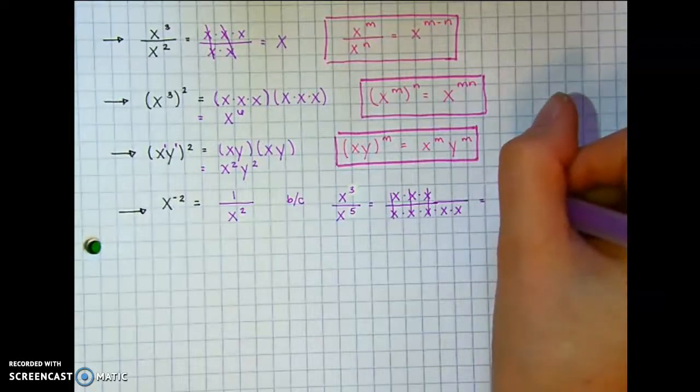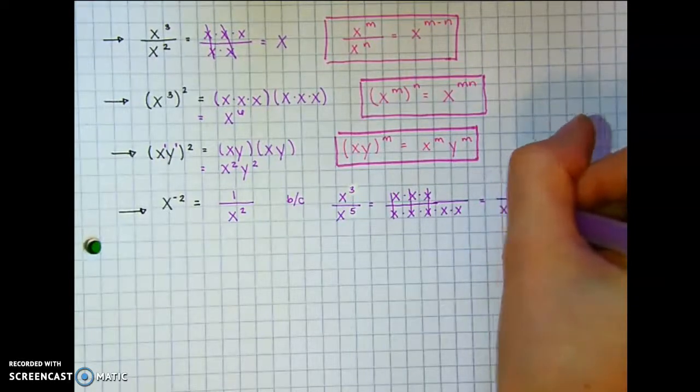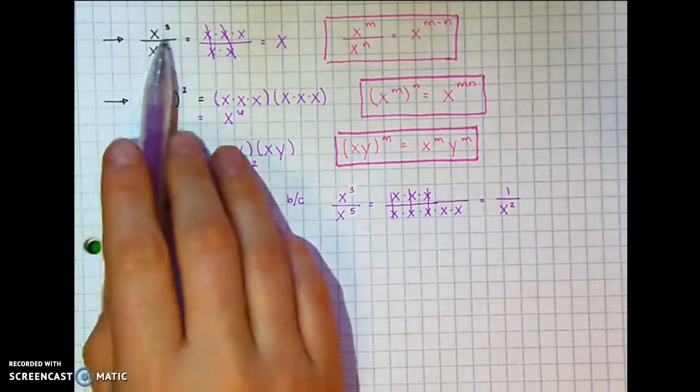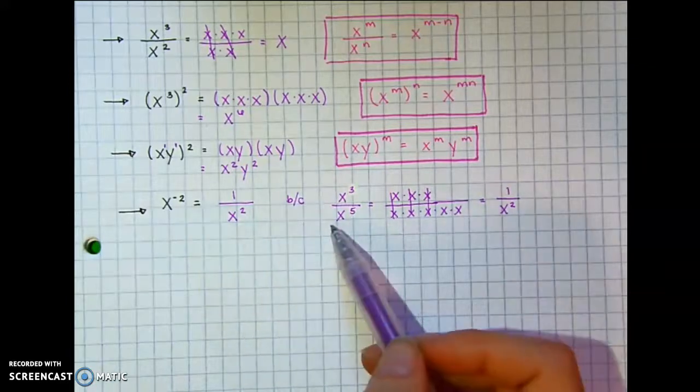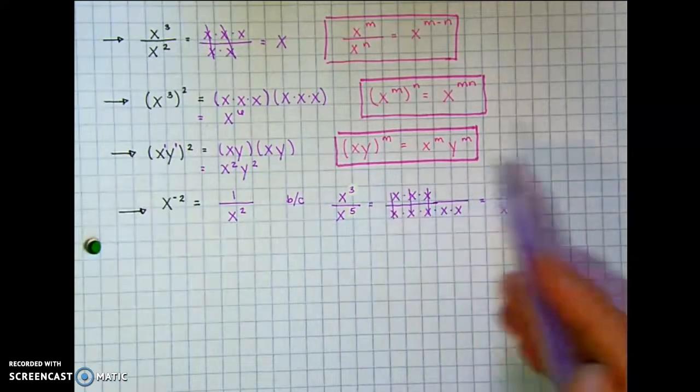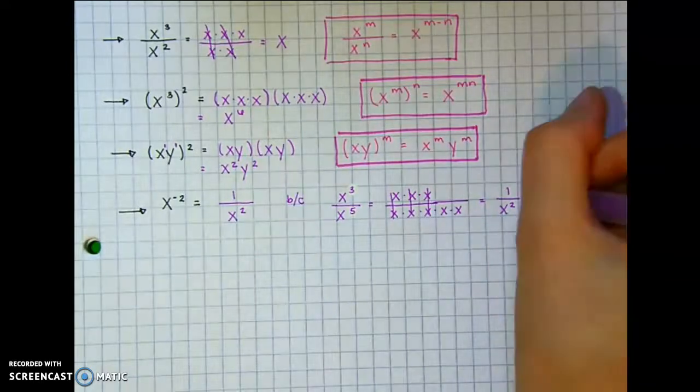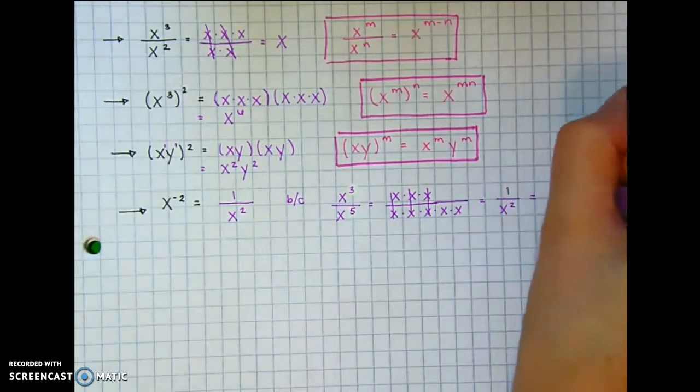So you're left with 1 over x squared. But if we use the subtraction property, it'd be 3 minus 5, which is negative 2. So this is equivalent to this.